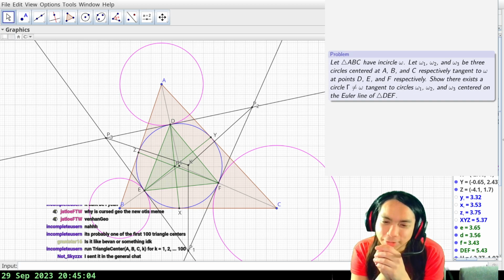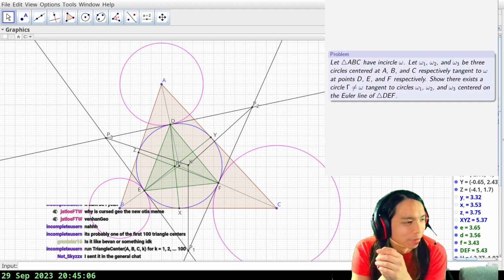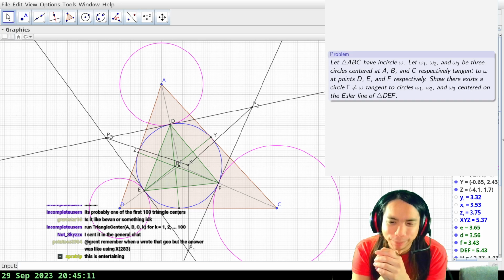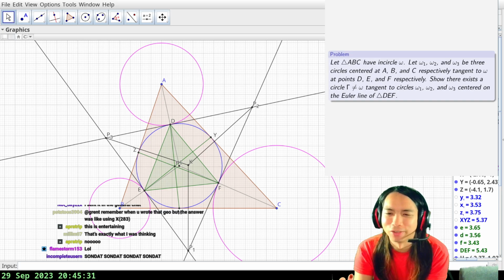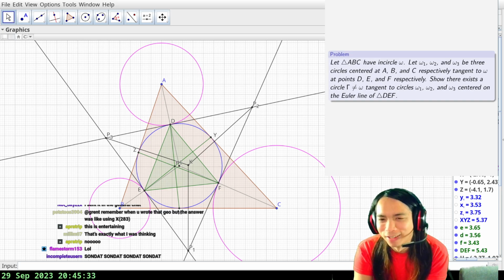Okay, I haven't used this theorem in a very, very long time, but how do people feel about Sondat's theorem? So the claim is that I actually know these things are concurrent at some point, because the triangles DEF and P1, P2, P3 are... DEF is the incircle of P1, P2, P3.